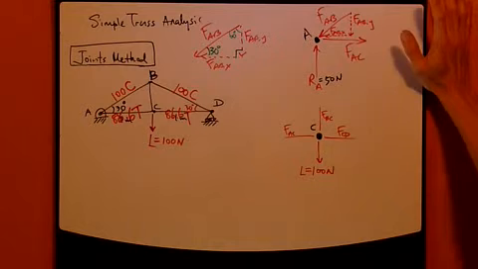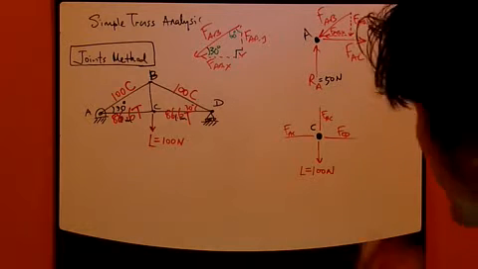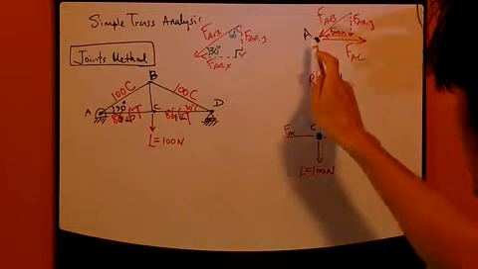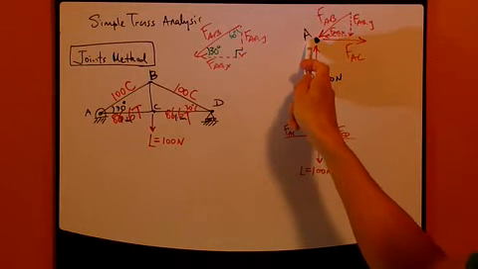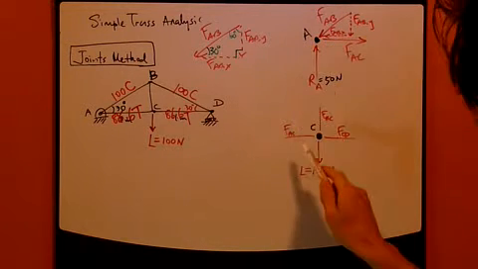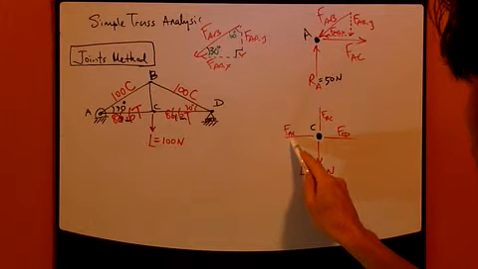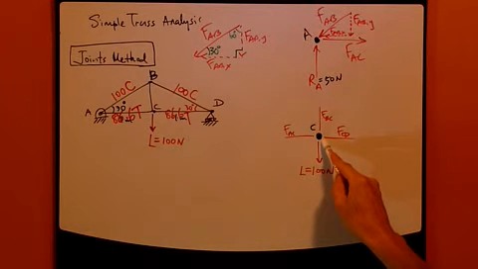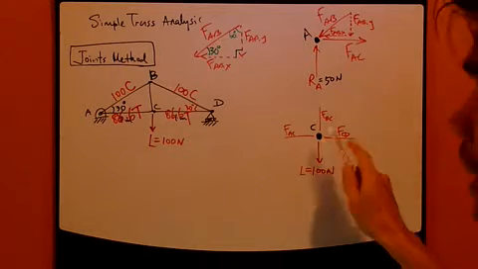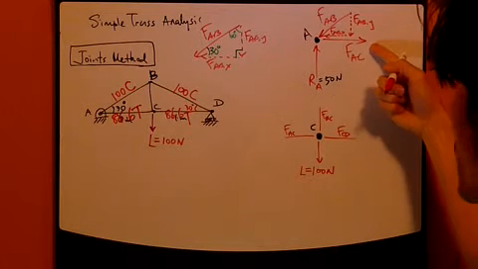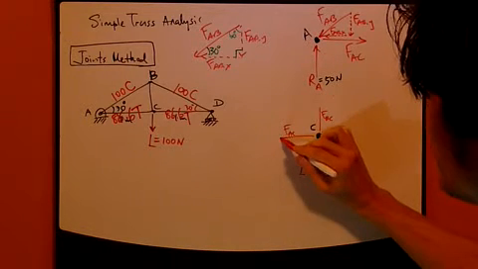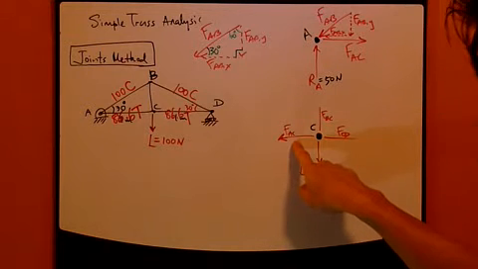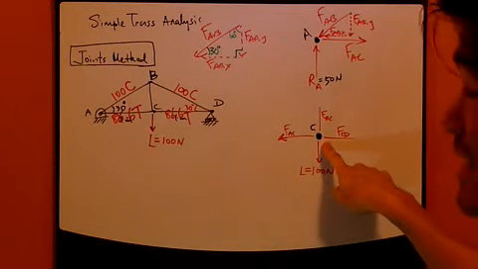Look at this up here. Since we've already figured out FAC pointing to the right out of this joint A, now this is also FAC, but this is from joint C's point of view. So all you have to do is just flip the direction of this guy right there. So that's your direction of FAC from joint C's point of view.